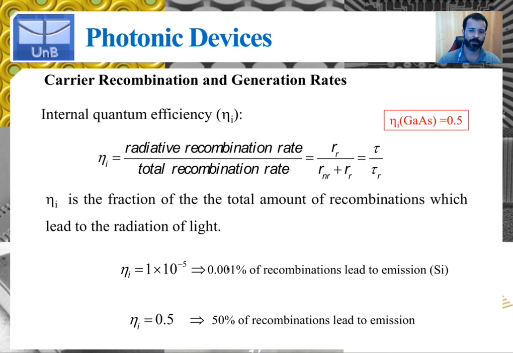Whereas if we plug in the numbers associated with gallium arsenide, I should point out that this is for gallium arsenide right here, and this is for silicon, then we get, as we said, 50%. So 50% of the recombinations in gallium arsenide will be radiative recombinations, and therefore will lead to the emission of photons.